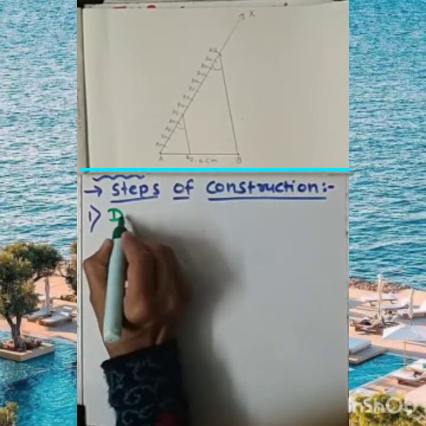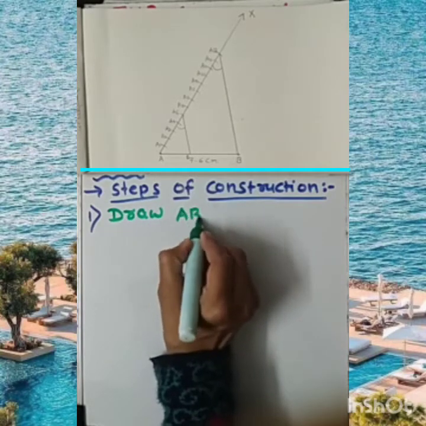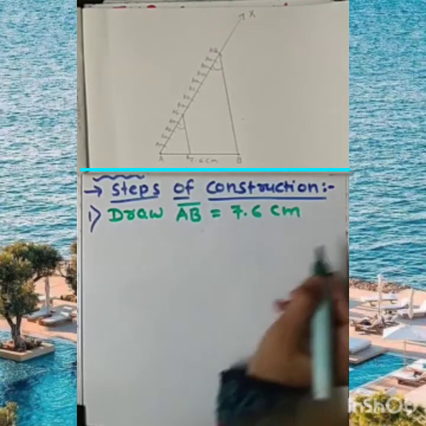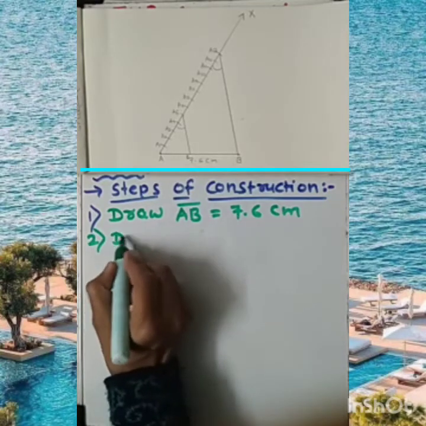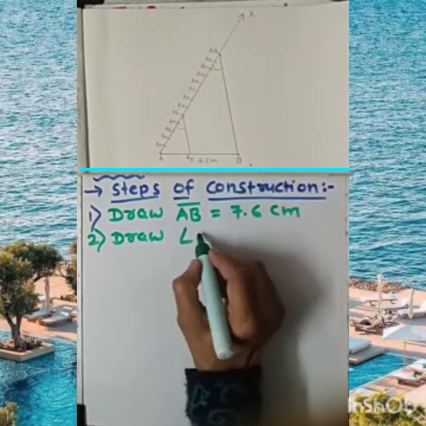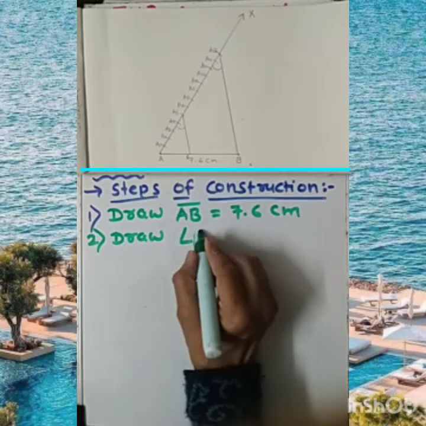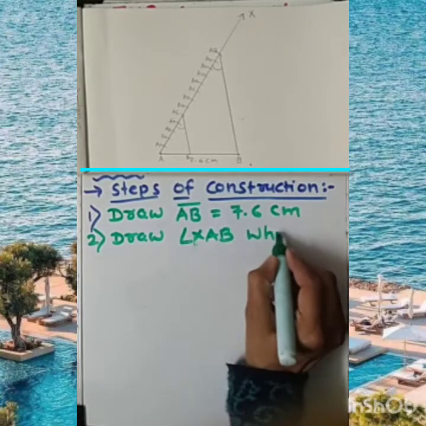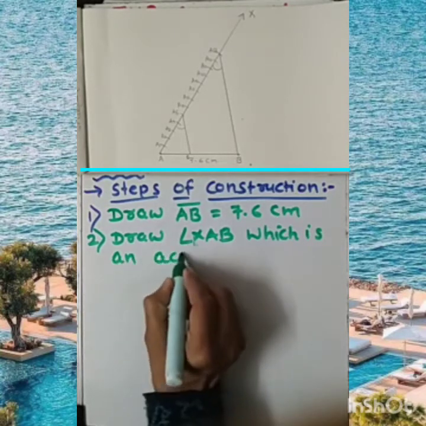So please write down the first step: draw line segment AB of 7.6 centimeter. In the second step, draw an angle XAB, which is an acute angle.